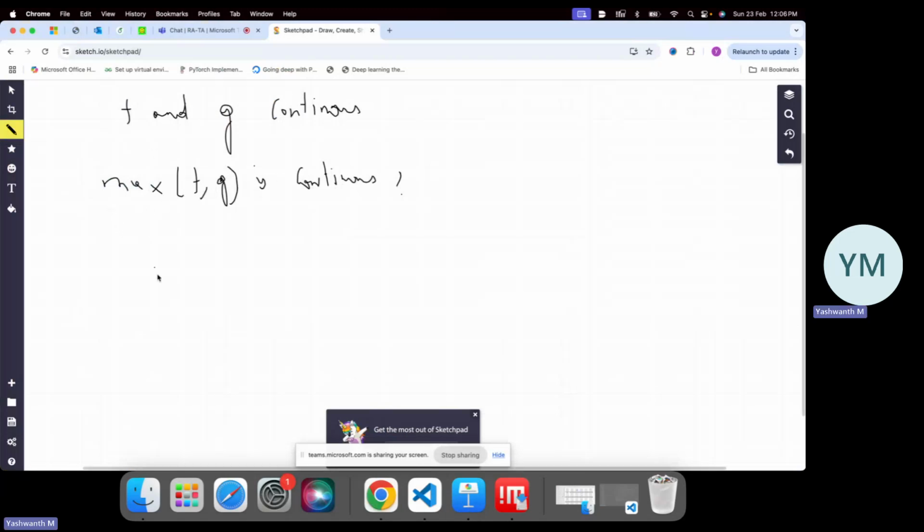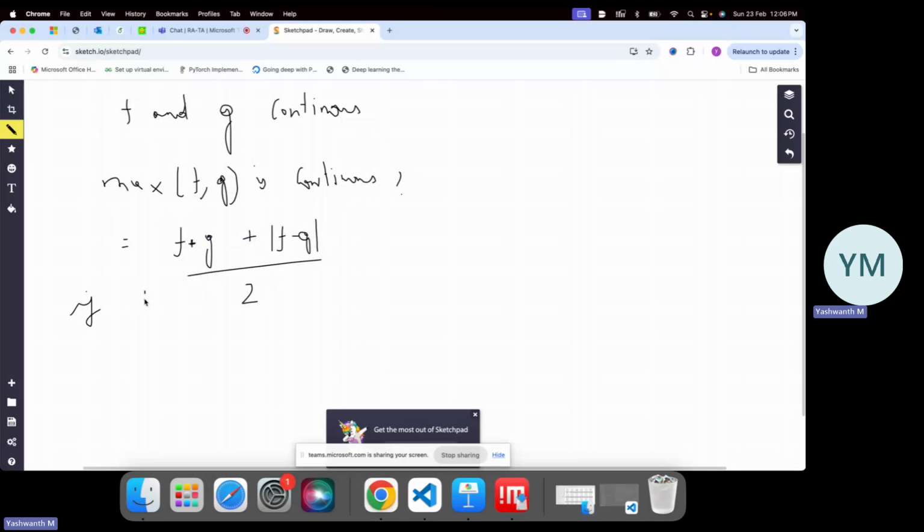So this is continuous because max of f comma g can be written as f plus g plus mod of f minus g, by 2. It's easy to verify.